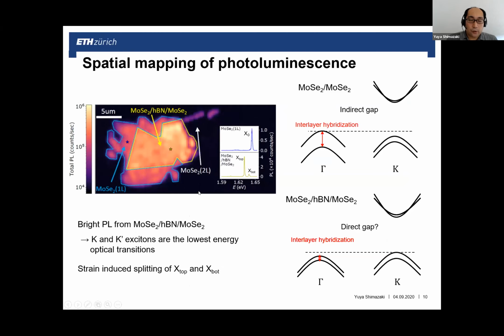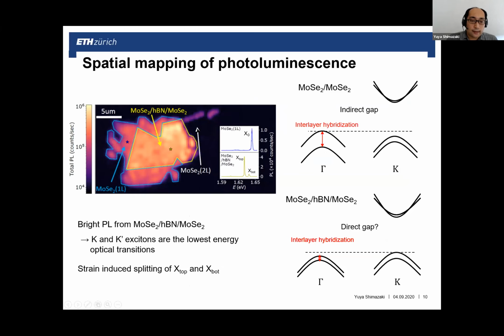Here, I will show the basic optical characteristics of the entire device. This is the spatial mapping of the photoluminescence signal. The area enclosed by the blue dotted line is the monolayer molybdenum diselenide area, which shows photoluminescence.